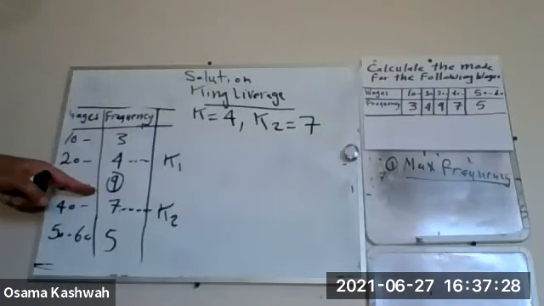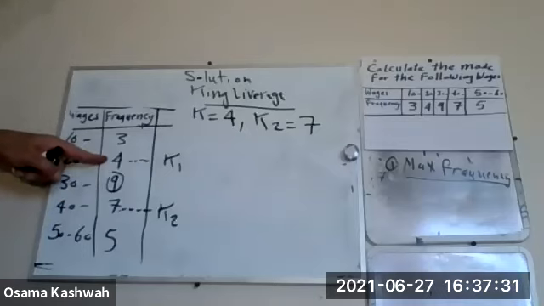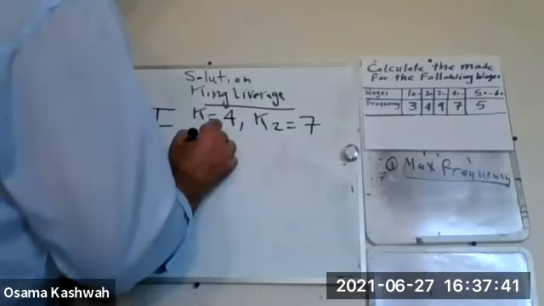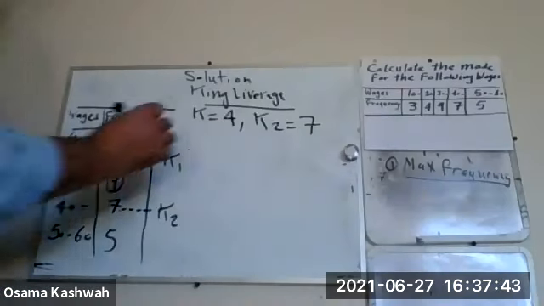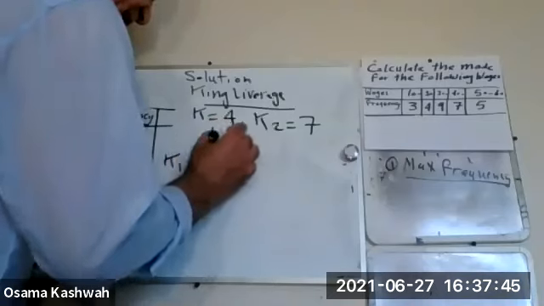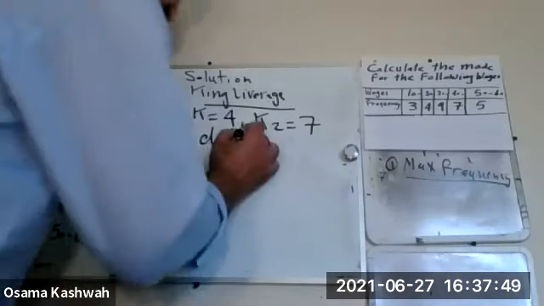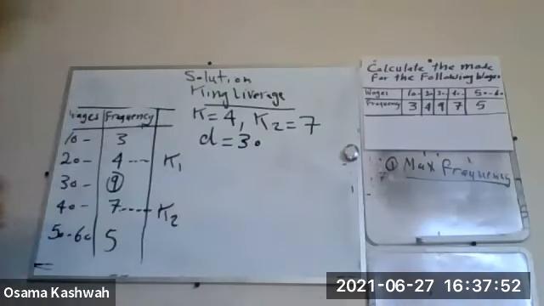The highest frequency, the one above is K1, the lower is K2. The denomination of the frequency, the minimum, is 30. So D will equal 30.